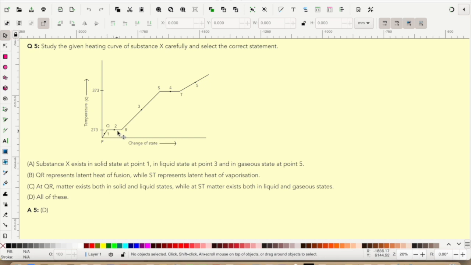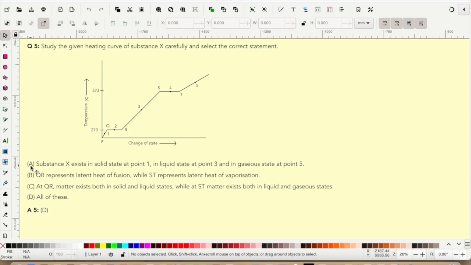Between Q to R, temperature is constant, means it undergoes state change from solid to liquid. Between R to S, temperature rises from 273 to 373 Kelvin. And between S to T, it again undergoes state change from liquid to gaseous state. And beyond T, it is in gaseous state and its temperature rises again.